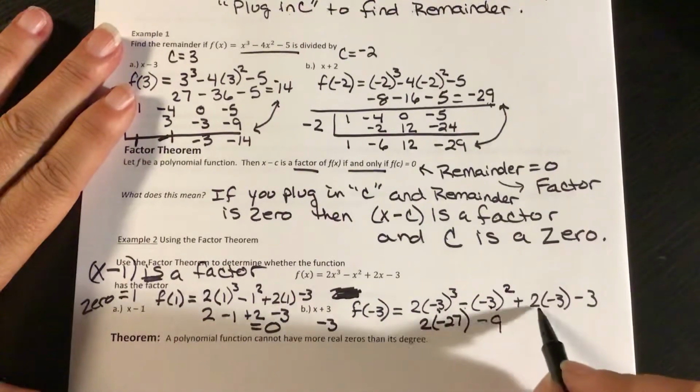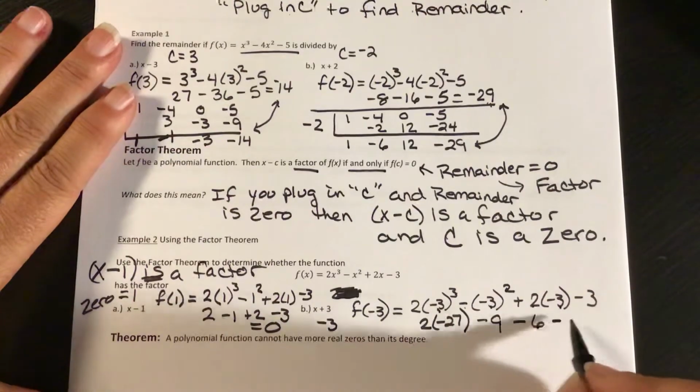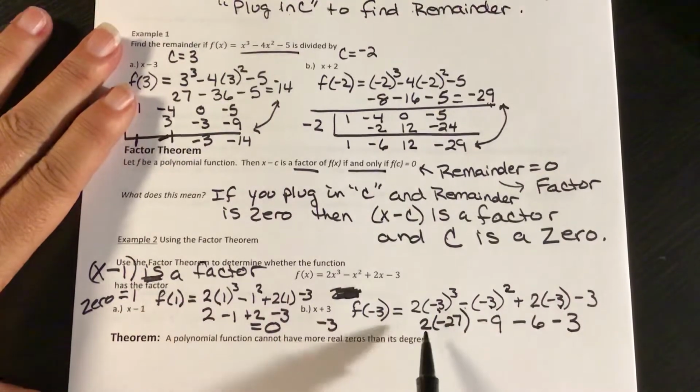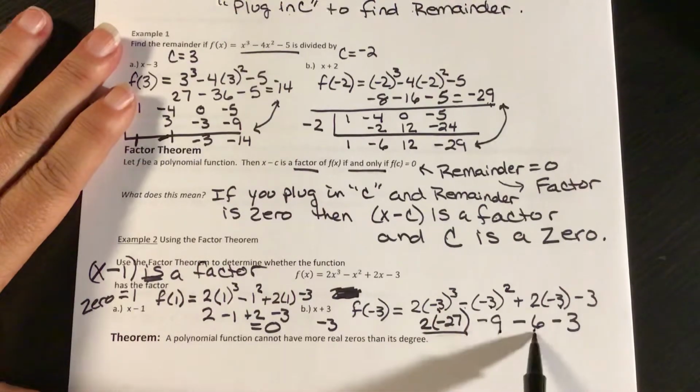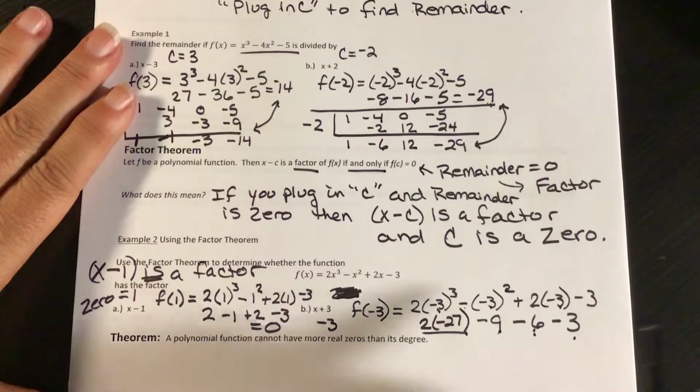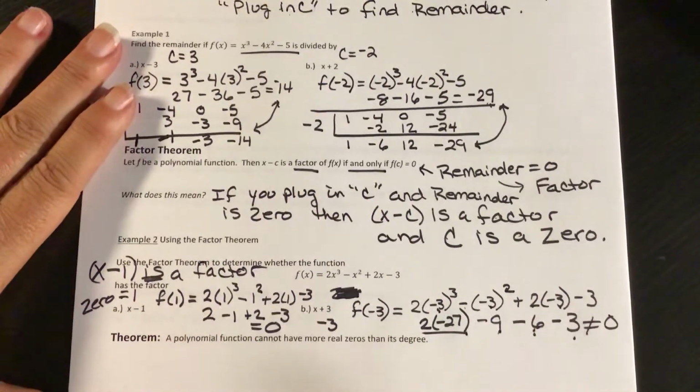And then I'm going to have positive 2 times negative 3, that's a minus 6 and a minus 3. So I can tell right away this is going to be a negative number, and I'm just subtracting more negatives, so this is not going to equal 0. No matter what I add them together, it doesn't matter what this equals, I just know it's not 0.